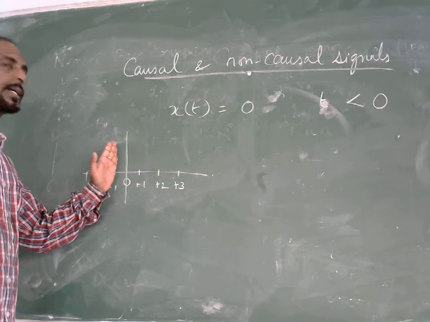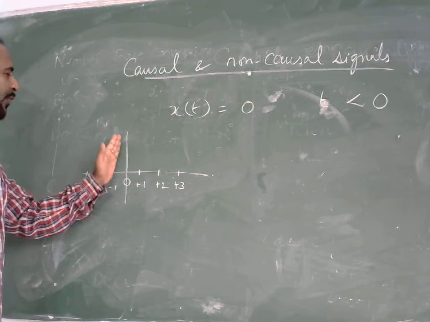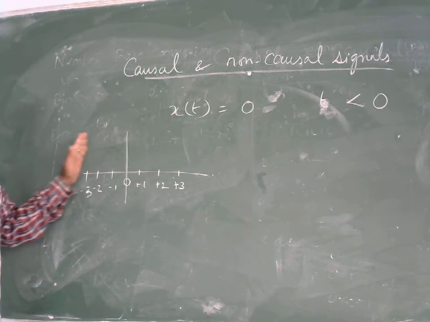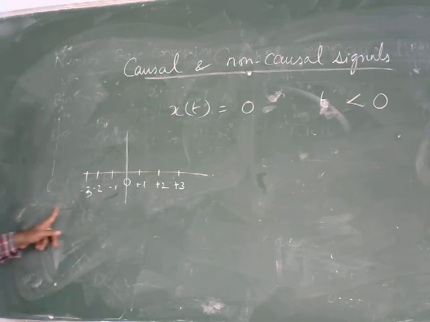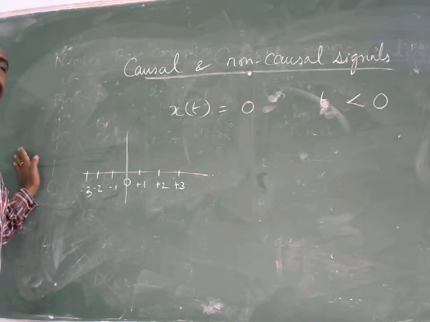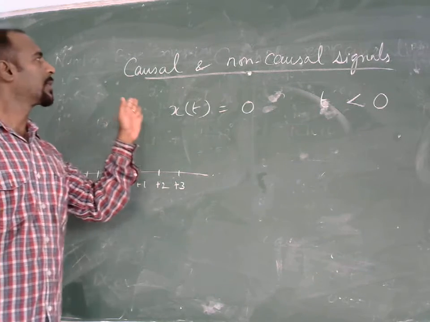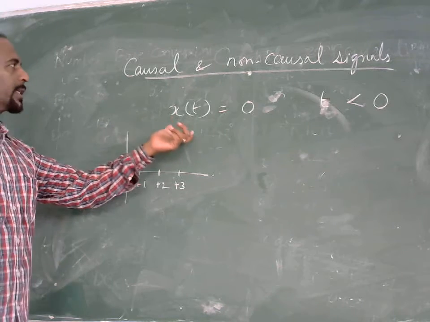So we say that the signal is causal if it does not exist for the negative values of t. So t less than 0 means all these values. If the signal exists for these values, then we say that the signal is non-causal.